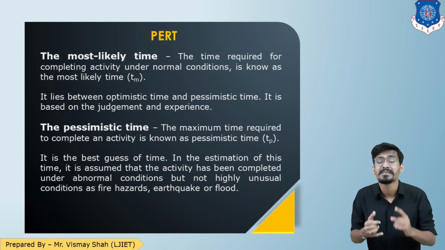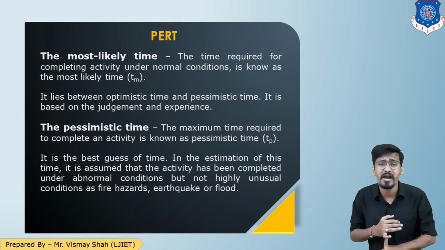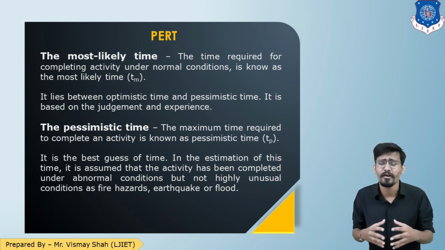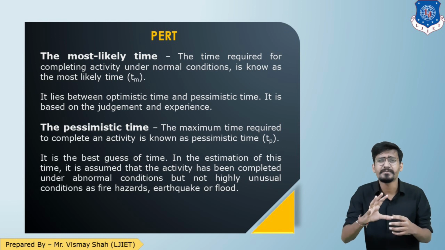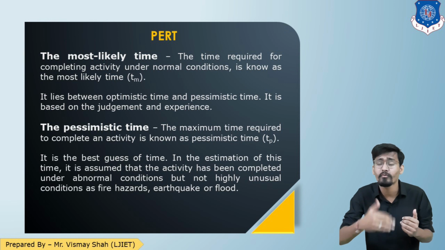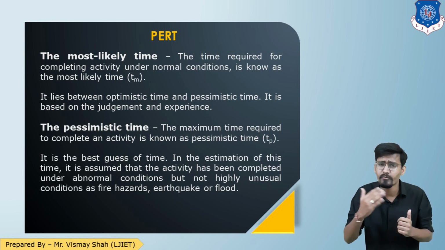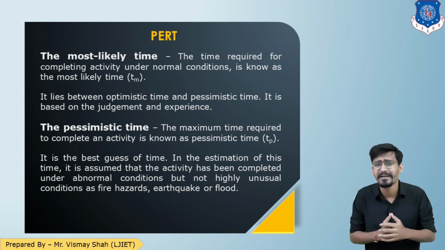Why? Because the estimation of pessimistic time is considered with the aspect of all abnormal conditions such as earthquakes, fire hazards or floods. So pessimistic is the worst scenario: at the very latest, in what time can I complete the activity.